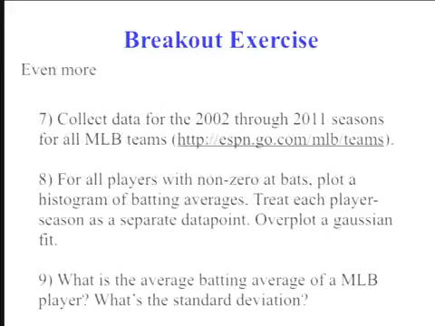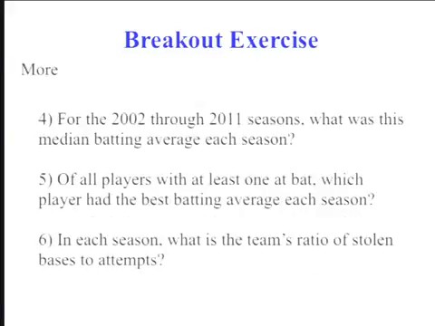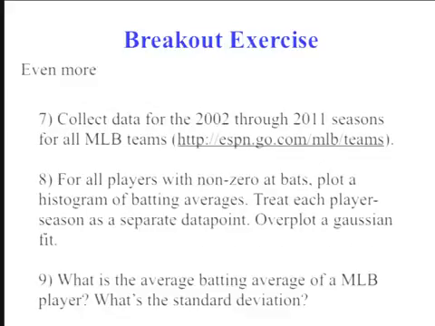And then finally, to take it one step even further to its logical conclusion, download all the data for all the teams from 2002 through 2011 and figure out, based on all the players' batting averages, what the distribution of batting averages is like, and fit it with a Gaussian.